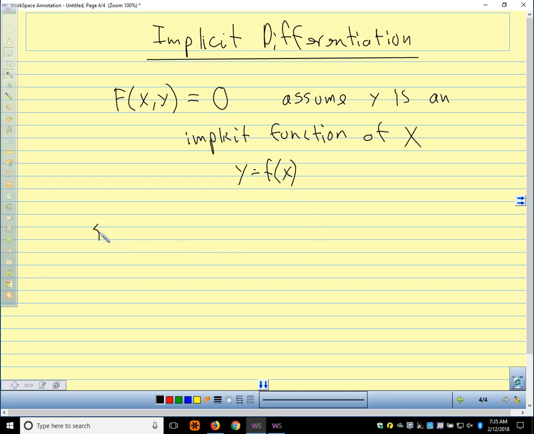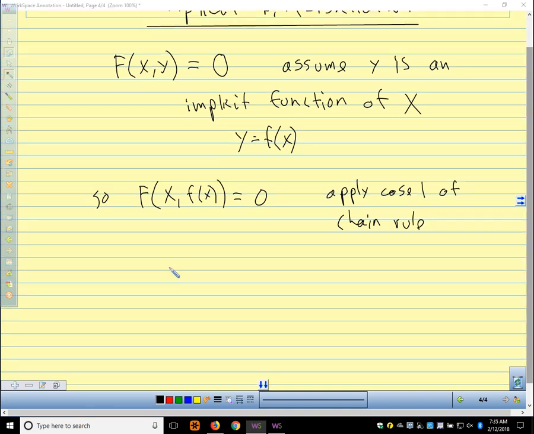So what we have is that f of x, y equals 0. And we're going to apply case 1 of the chain rule. So we're going to say the partial of f with respect to x times dx/dx plus the partial of f with respect to y times dy/dx.